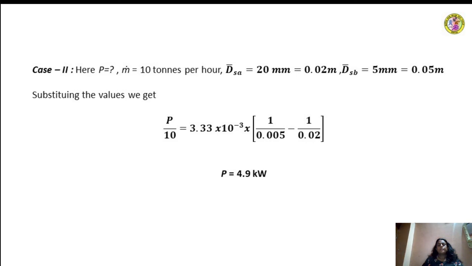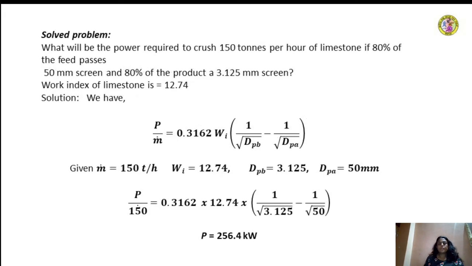So P divided by 10 equals the Kr value 3.33 into 10 raised to minus 3 into 1 by 0.005 minus 1 by 0.02. After you do the calculations, you'll get an answer of P as 4.9 kilowatts. So that is how you can do the calculations using the Rittinger's law statement.